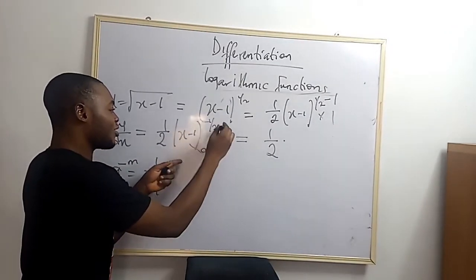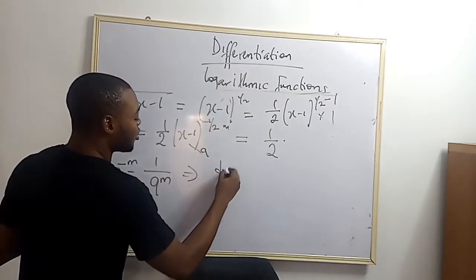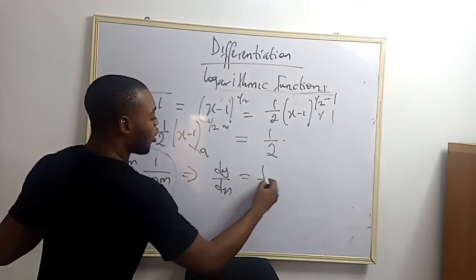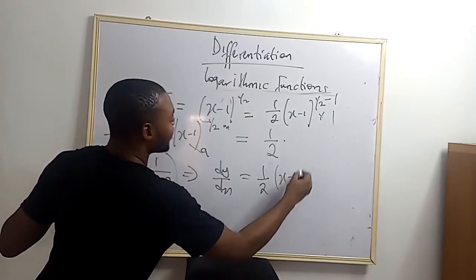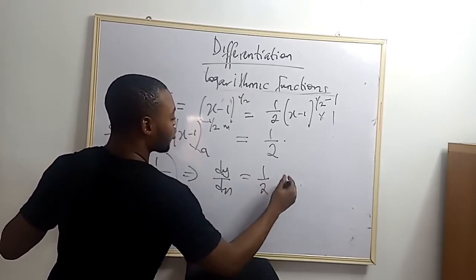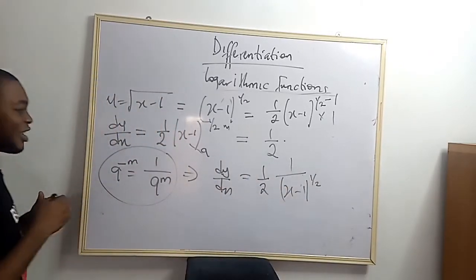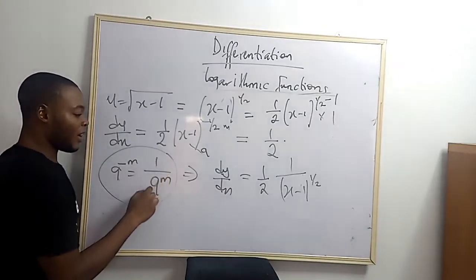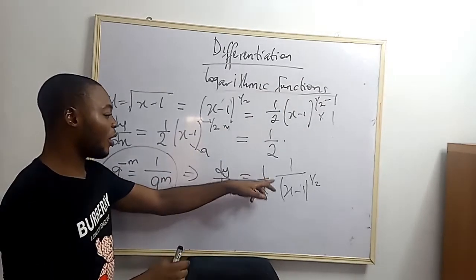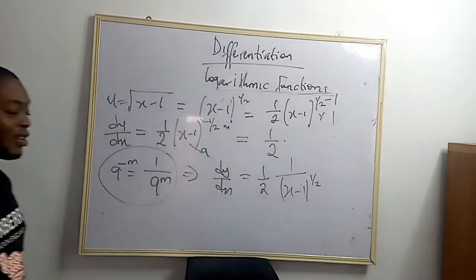So du/dx will be equal to 1 over 2, and x minus 1 raised to power minus half will be equal to 1 over x minus 1 raised to power half. That is the same thing as a raised to power minus m is equal to 1 over a raised to power m. This is your a, this is your m. M is half, x minus 1 is a.